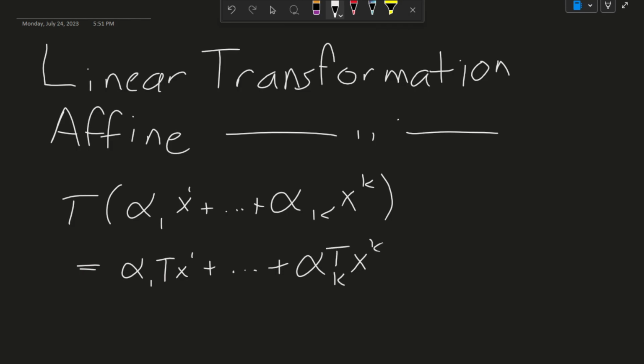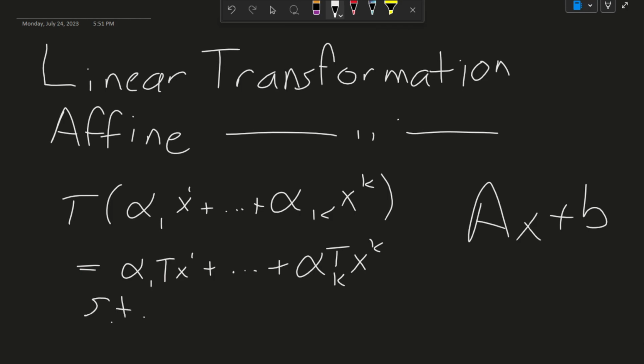We basically just said linear transformations, they're linear transformations plus b, and that's how I learned them. But it does turn out that affine transformations are defined as functions that distribute over affine combinations.